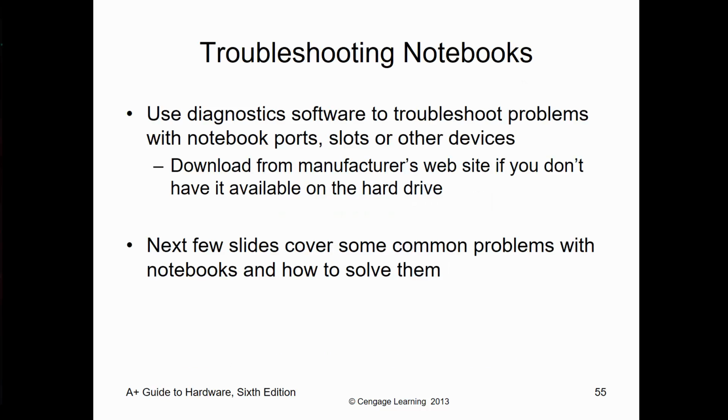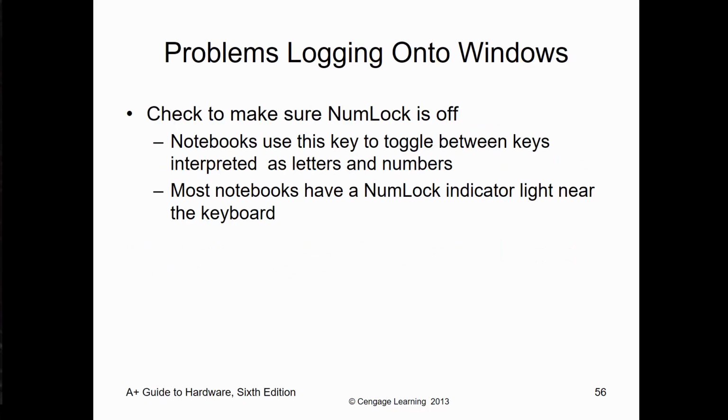So how do we troubleshoot these? Again, we're looking for diagnostic tools. You can use diagnostic software to help troubleshoot. You can download tools from the manufacturer's website. So what are some common problems? A common one is numlock is off, or the function key is stuck.